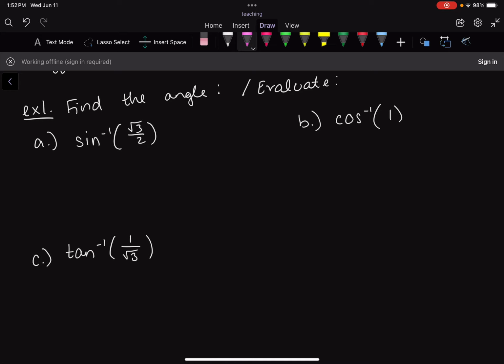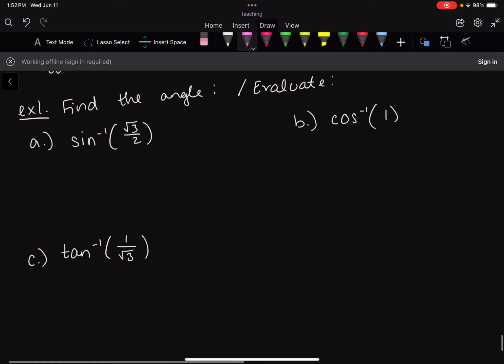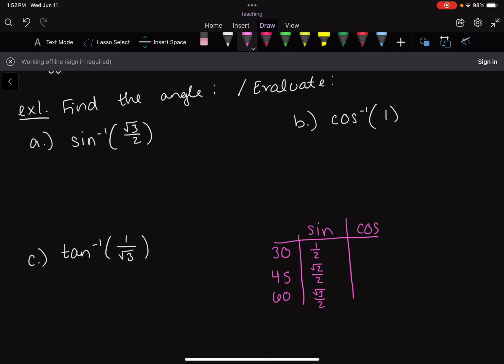Now I want to show you what I'm referencing back to. So I'm always going to come back to that table and the coordinates that I showed you last time, like the coordinate plane. So I'm going to write it just off to the side real quick. So my table was, I have 30, 45, 60, sine, cosine. I'm just taking the main part of it. So this was 1 over 2, root 2 over 2, root 3 over 2.